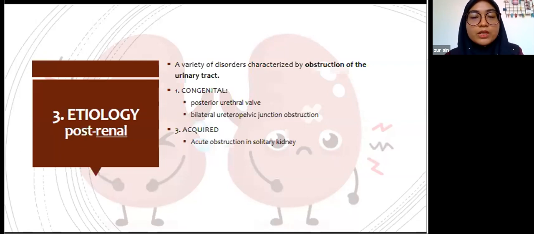But for older children, usually it can be due to acute obstruction such as stones, bladder tumor, or cystitis. So basically, if we relieve the obstruction, we can recover the renal function easily.